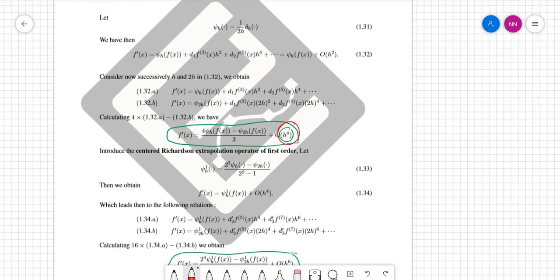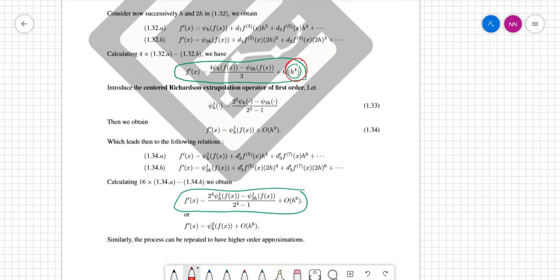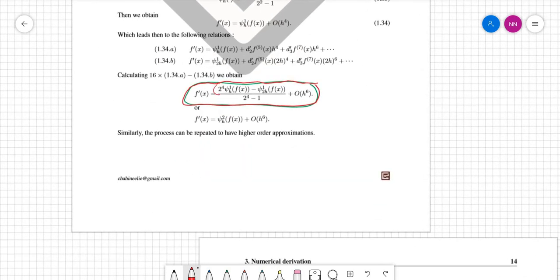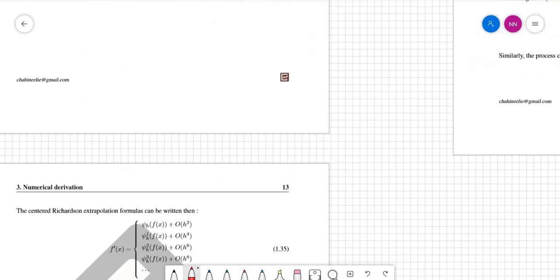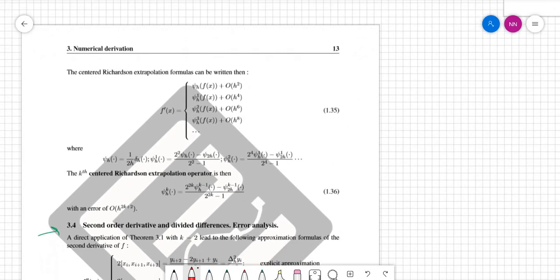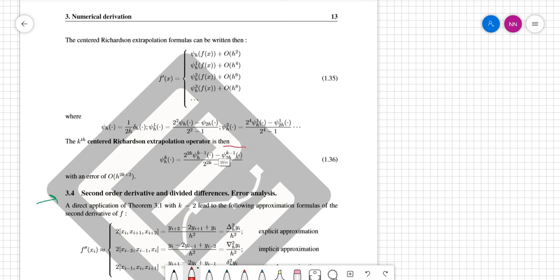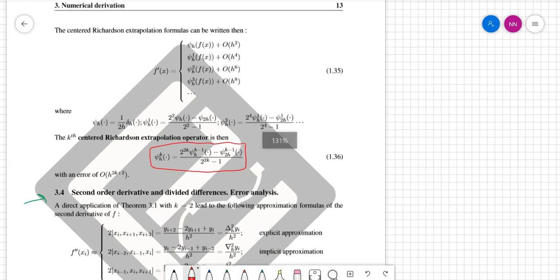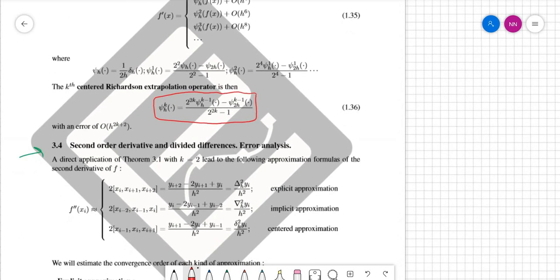Be careful that with the centered approximation the expression is a bit different, because here you have 2 to the power 4 and not 2. You don't start with 2. So we can write it in the general form as in here, and this is what you should know. This is the Richardson extrapolation for the centered approximation of the derivative.